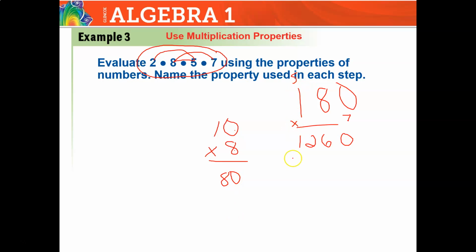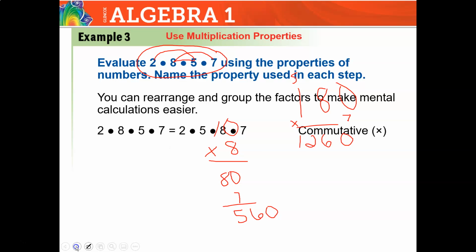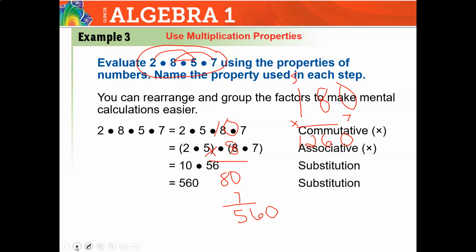I added an extra 100. So now if you took 80 times 7, you get 560. So this is a good lesson. I was able to look and go, wait a minute. I said 10 times 8 was 180, and that was incorrect. So the correct answer on this one would be 560.